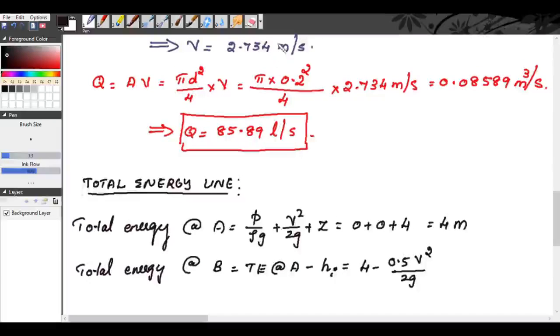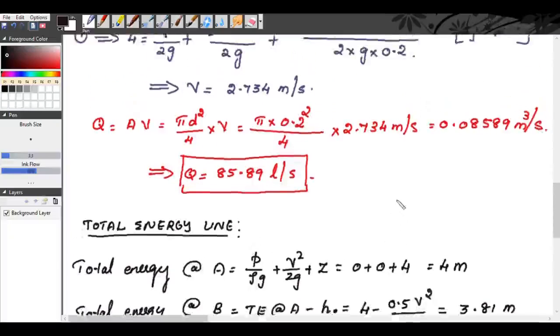V we have already calculated as 2.734. Substituting V equal to 2.734 and G equal to 9.81, we get the total energy at B as 3.81 meter.